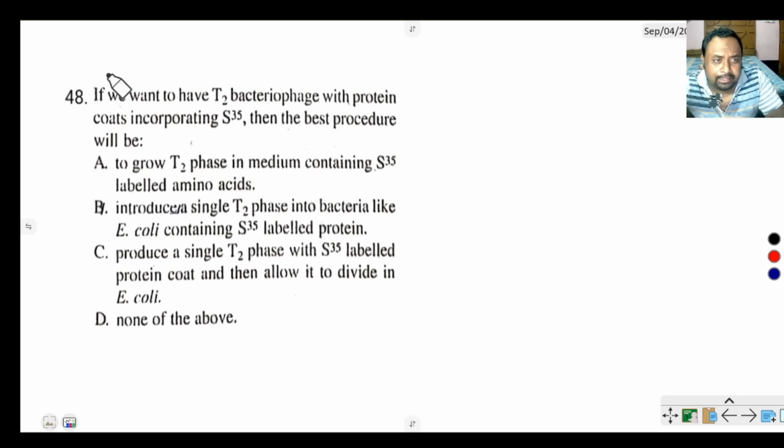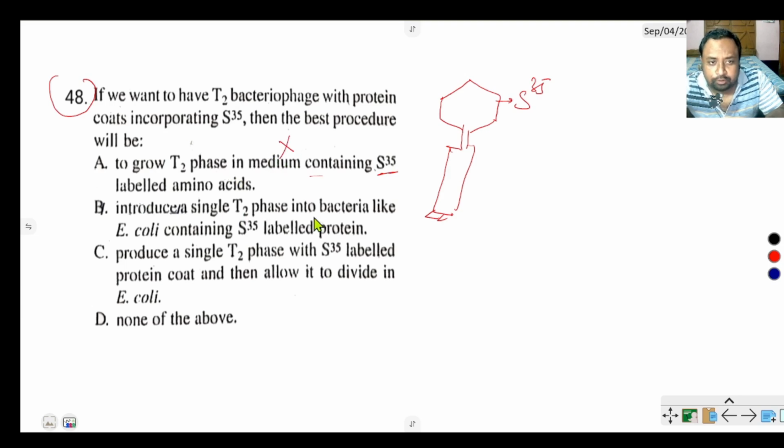Question number 48 says, if we want to have T2 bacteriophage with protein coats, this is the bacteriophage protein coat that is made of capsomeres, the capsid being made of capsomeres. So if the capsomere is labeled with S35, then what do we do? Grow T2 phage in medium containing S35, because viruses do not grow in culture medium.